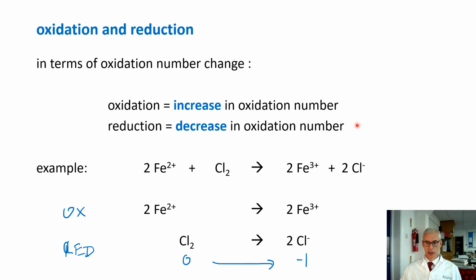So we've got an important new way of describing oxidation and reduction. Oxidation is an increase in oxidation number, and a decrease in oxidation number can be thought of as reduction.